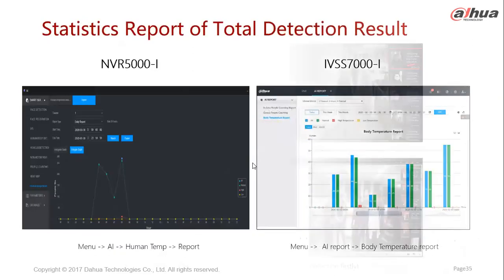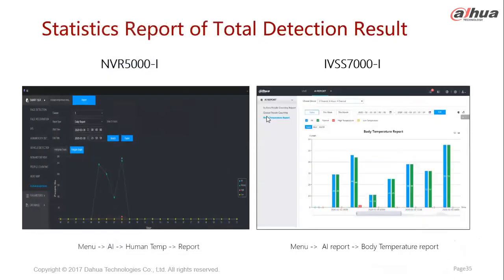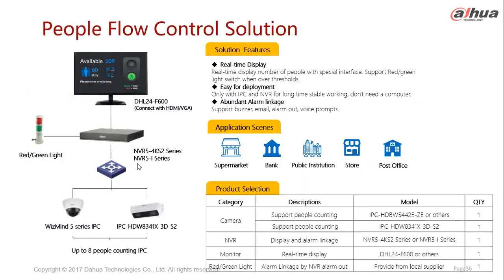So we talked about people counting with the fisheye. Sorry, people counting with a special series camera. At this point, we are combining those products with the recorders, so we have a people flow control solution in this case. I've been talking about this in the supermarket, bank, etc., where you are counting the people, then you have analysis from this side.